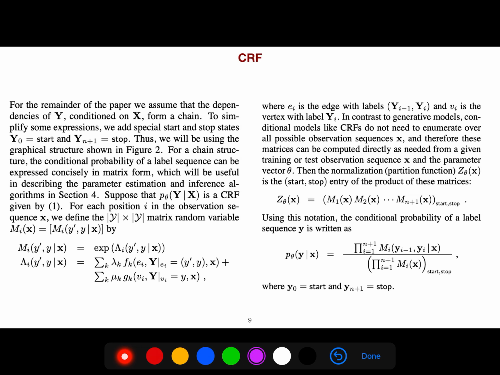So we write those things like this because it's cleaner. The author created this variable, saying that this is e to the something, but that something is lambda k times the features f k, because these are transitions, and mu k times g k. So f and g are your features. Lambda corresponds to, if you want to compare, the transition parameter, and mu k is the emission parameter.